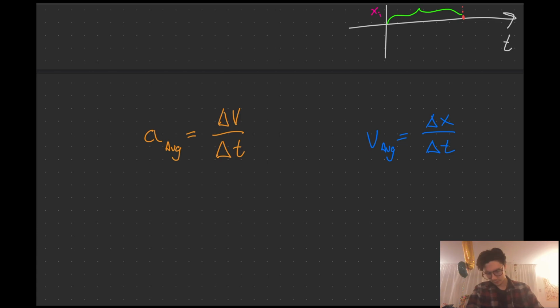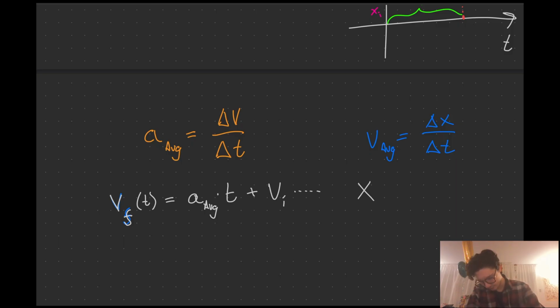We get a similar equation. Final velocity as a function of time is equal to average acceleration times time plus initial velocity. This is analogous to the final position as a function of time equation, which depended on average velocity times time plus initial position.